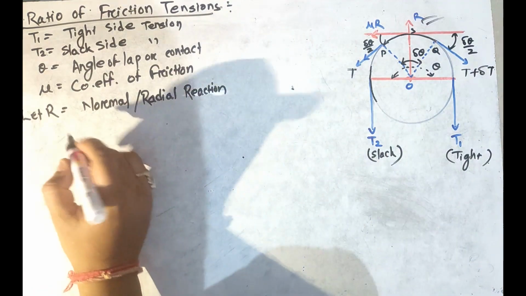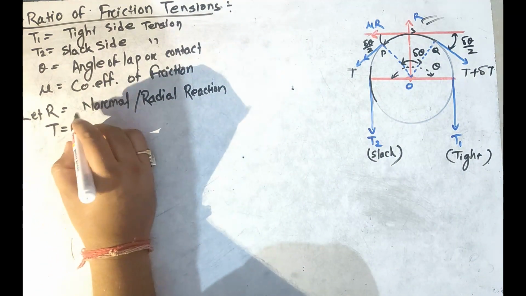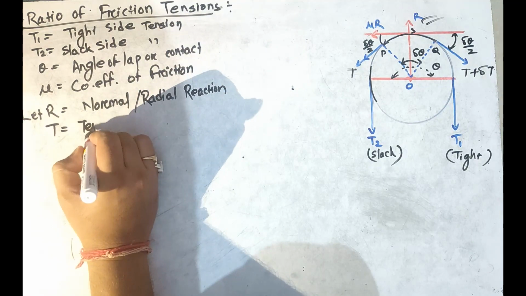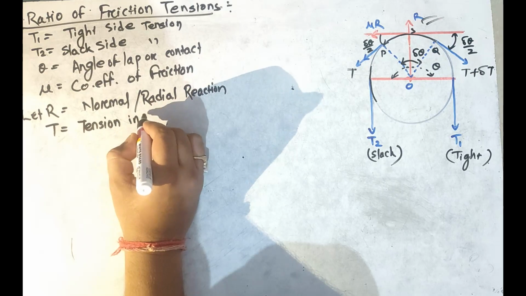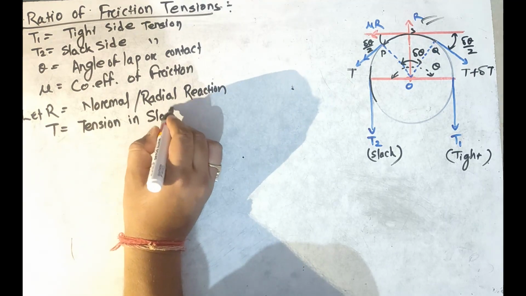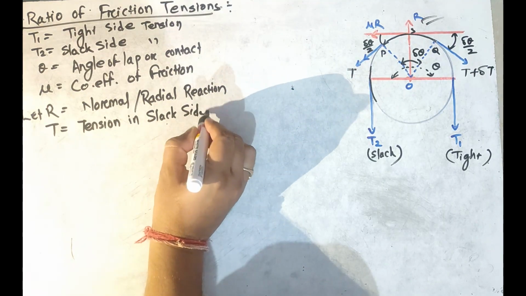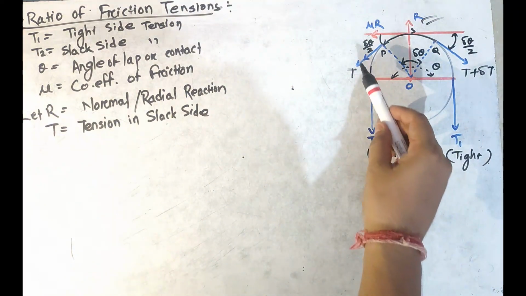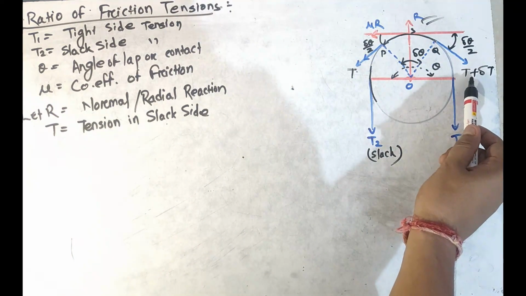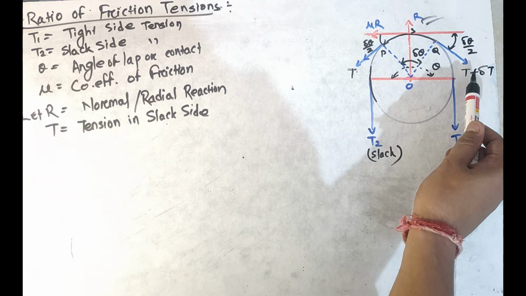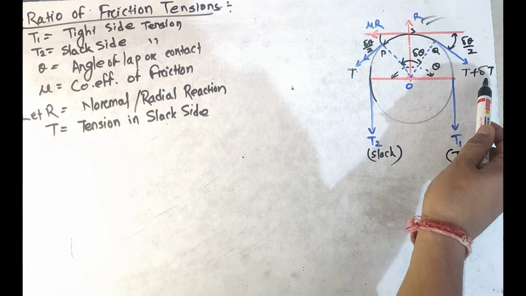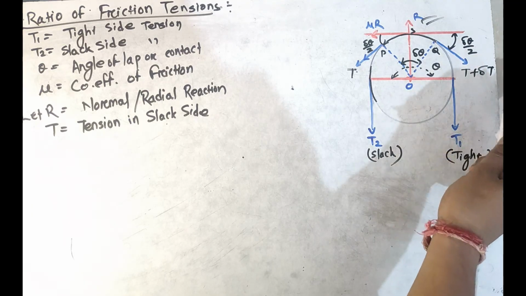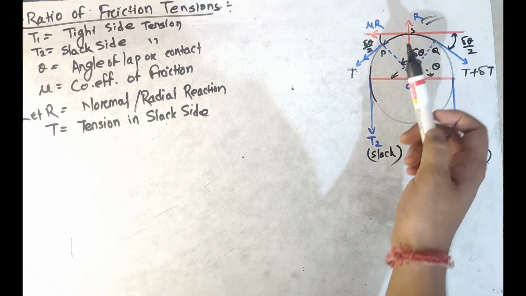Then T will be the tension in the slack side, this one. Obviously the tight side will be a little higher than T, so we add a small amount, del T, to it. This one is for the tight side and this one for the slack side.